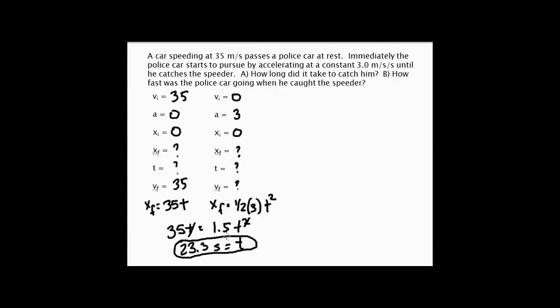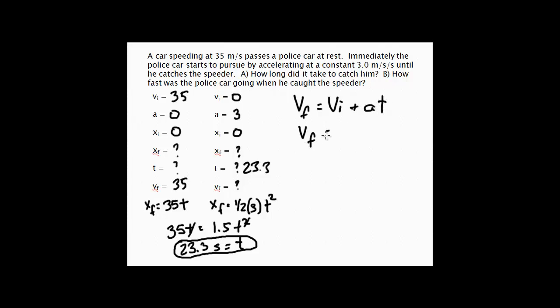Alright, question B. How fast was the police officer going when he caught the speeder? Well, now we can take advantage of the fact that we know more information. We now know that the time was 23.3 seconds, and so now we can use this formula, final velocity equals initial velocity plus at.